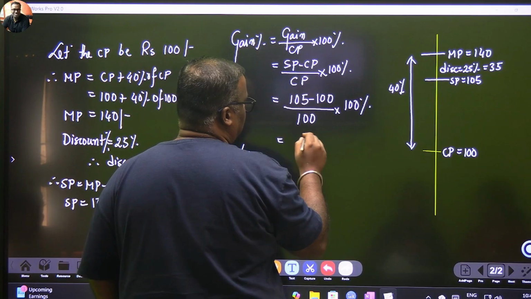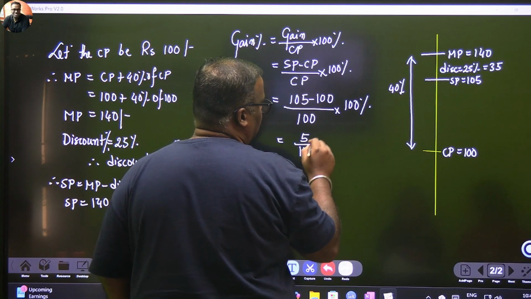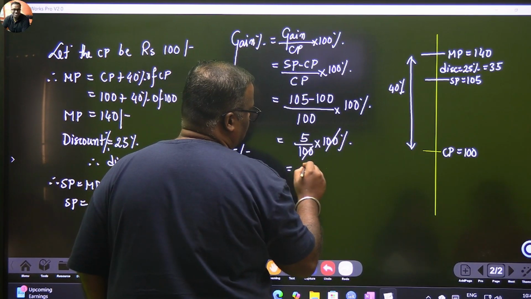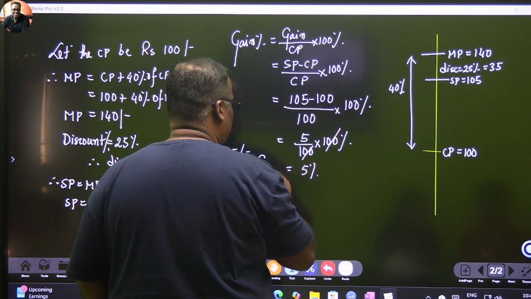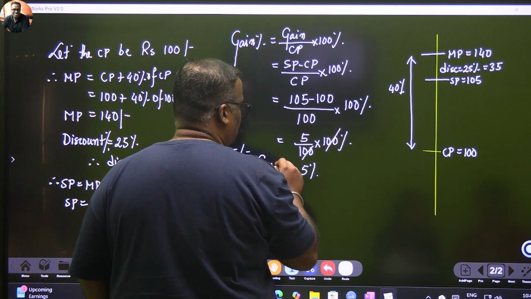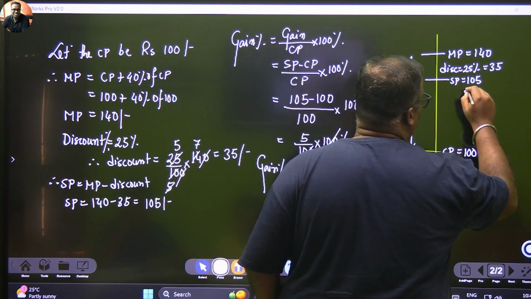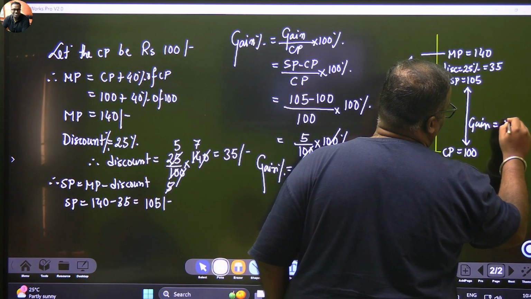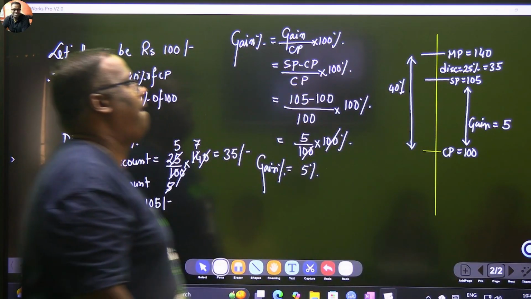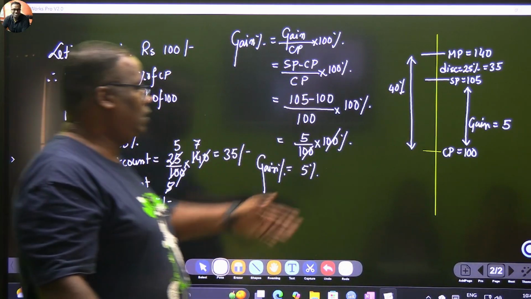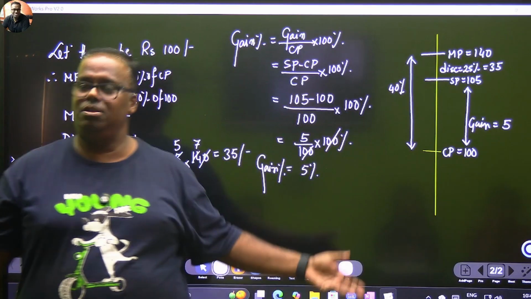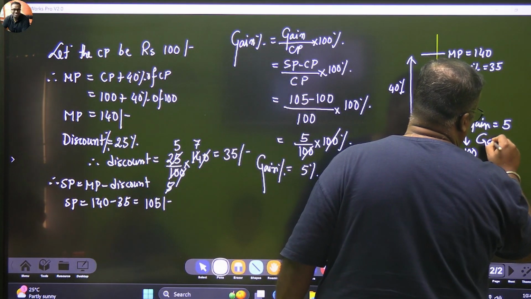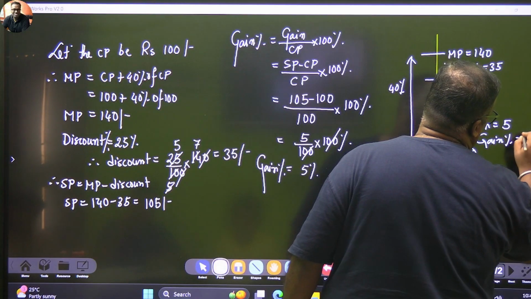So you land up with 5 by 100 into 100%. 100 cancels 100, it is 5%. So this part is my gain, which is equal to 5. On 100 rupees, you are gaining 5, which means the gain percentage is 5%.